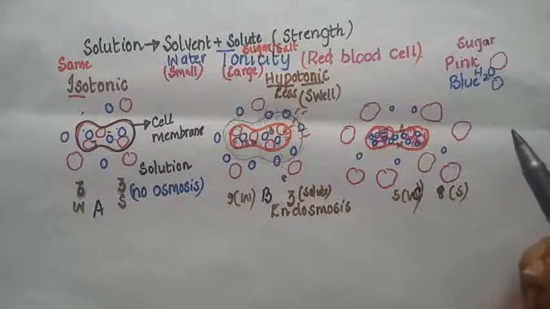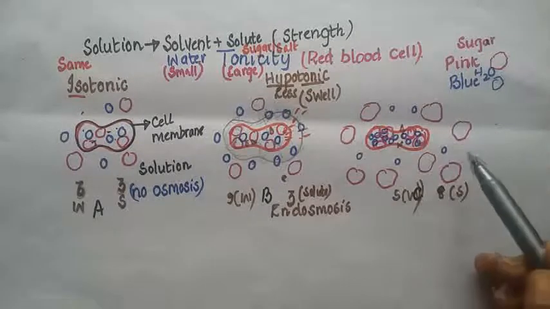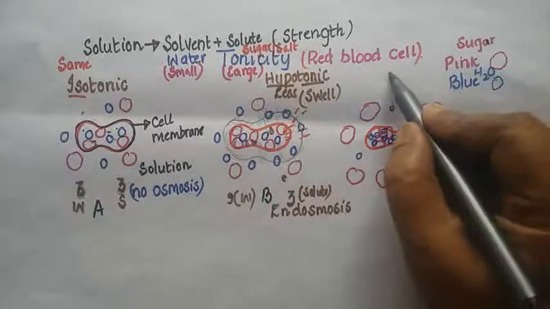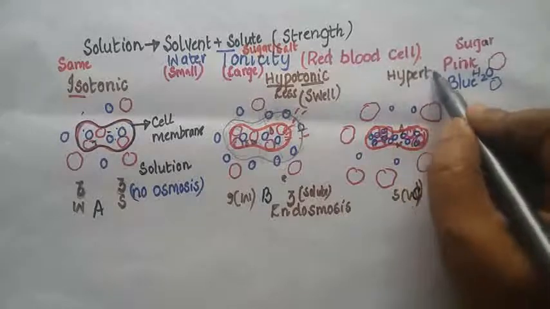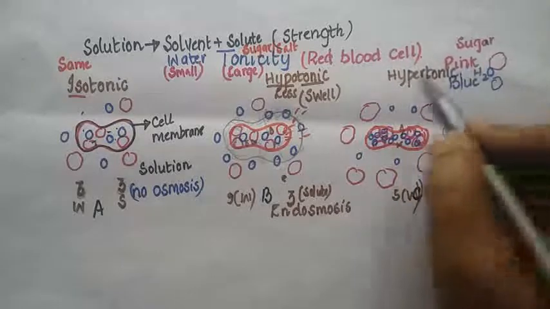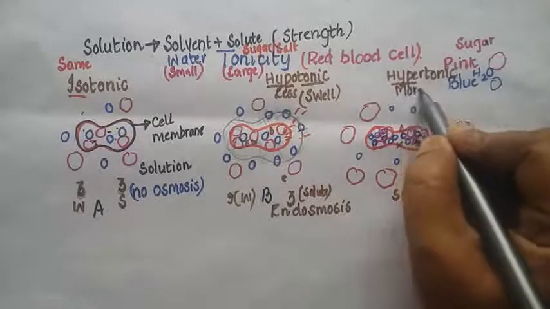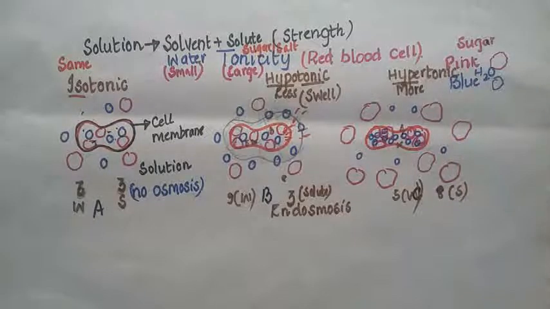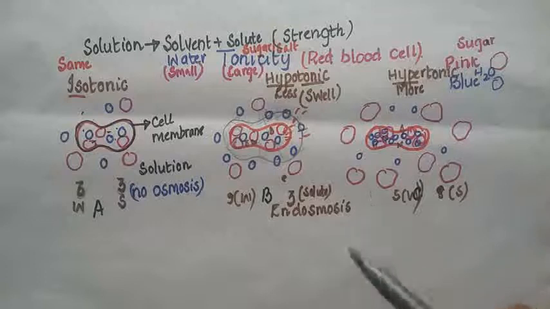Alright, I said every time look at the solution which is outside the cell membrane or the cell. So this solution we name as a hypertonic solution. Hyper means more. Tonic is the strength. So in this case the strength of the solution is more.